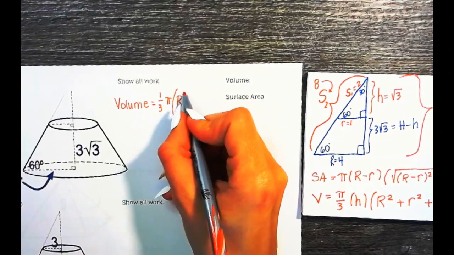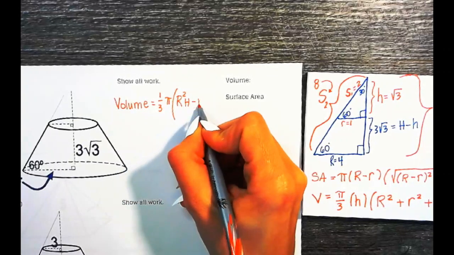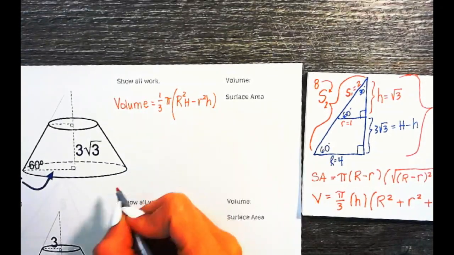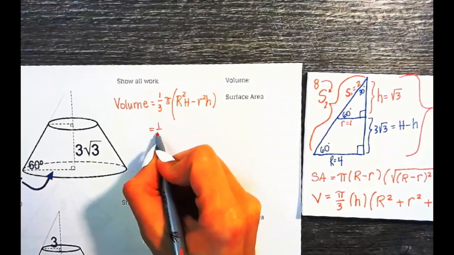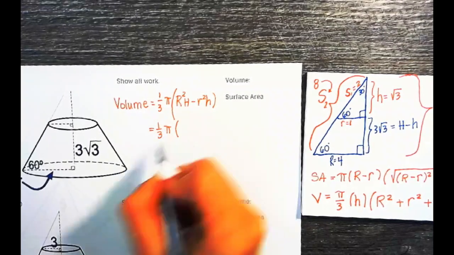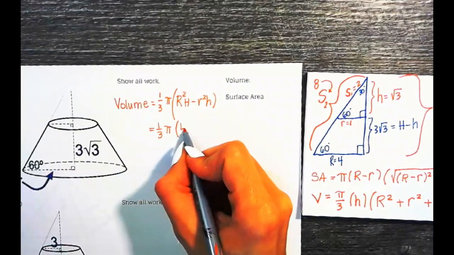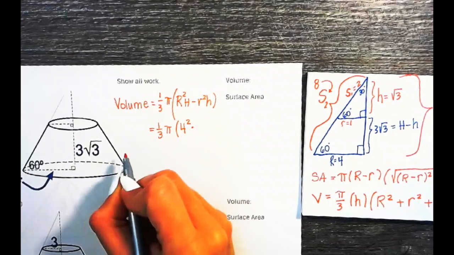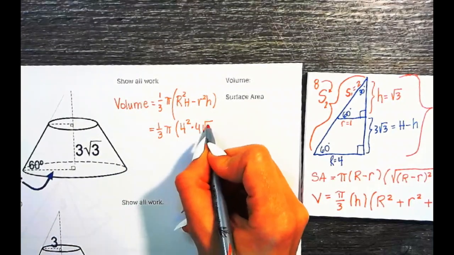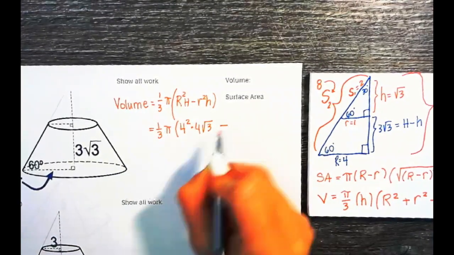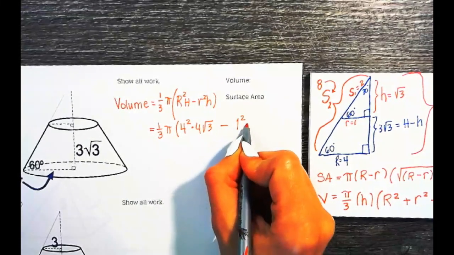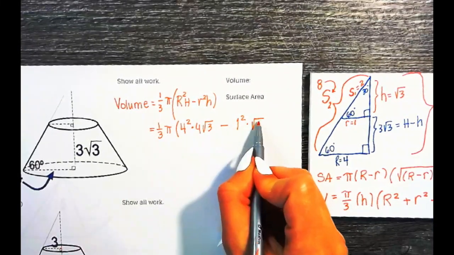So then I'm left with R squared H minus r squared h. Large R was 4 squared times H, which is 4√3. Minus small r is 1 squared times h, which is √3.